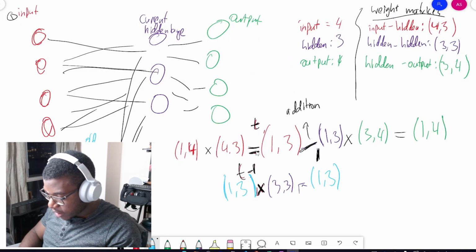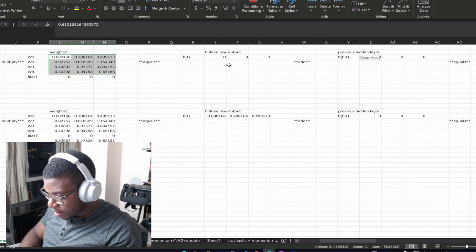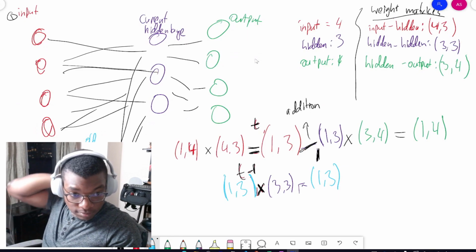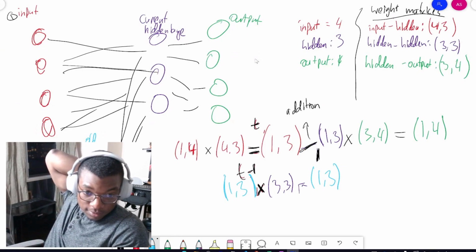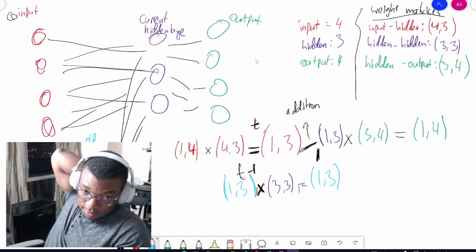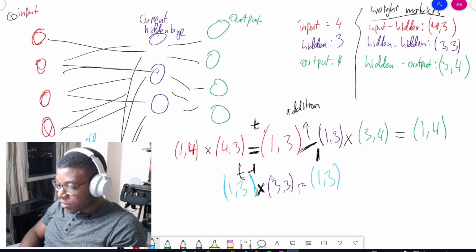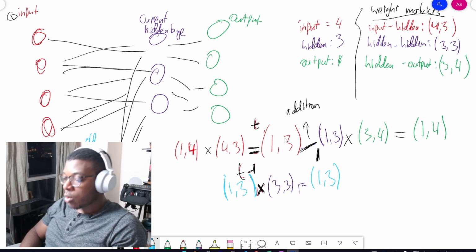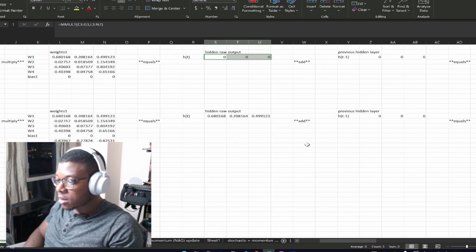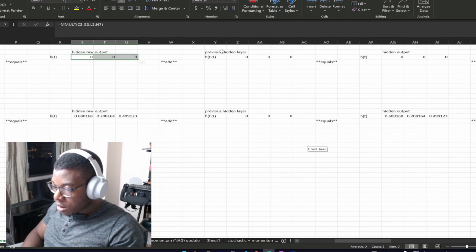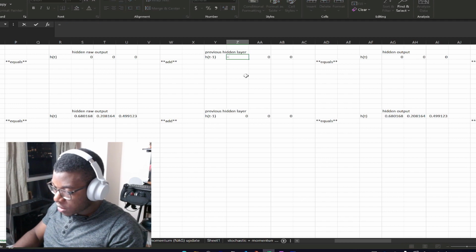Then you get a 1 by 3 hidden output. And then what we're always doing is passing through the normalized to keep the weights normalized. So for this guy, your previous hidden is just yourself.